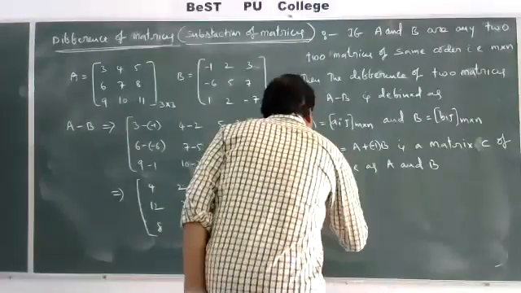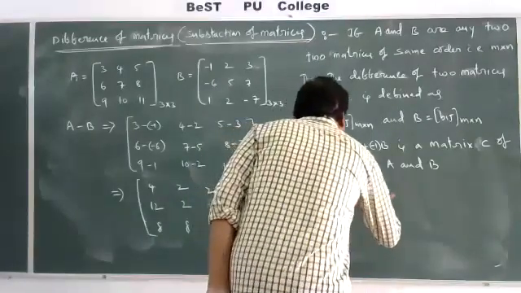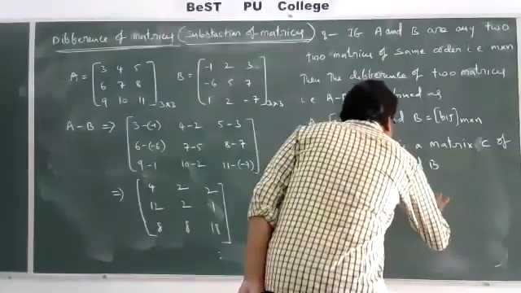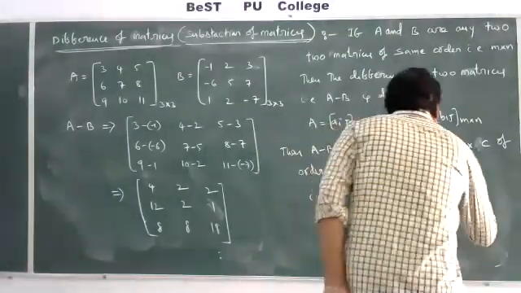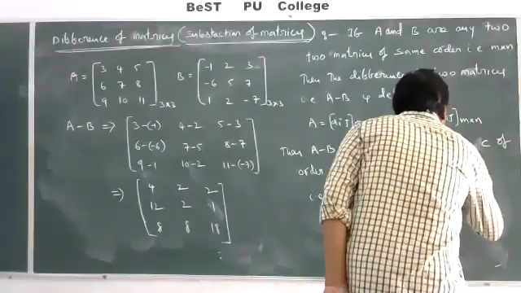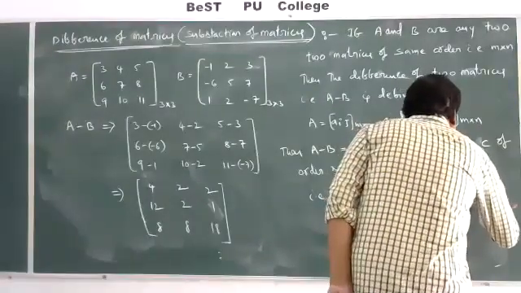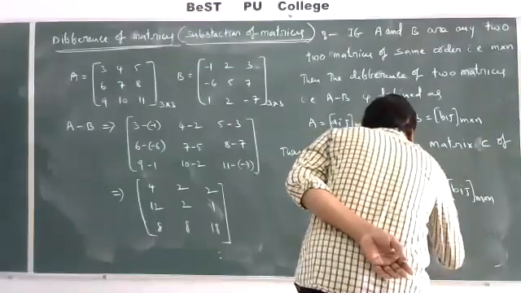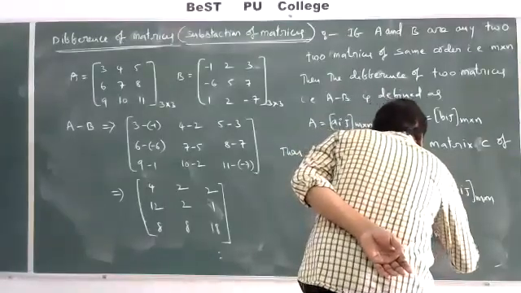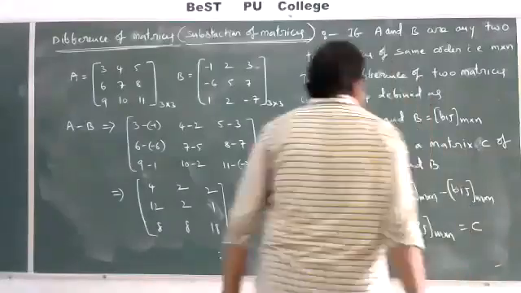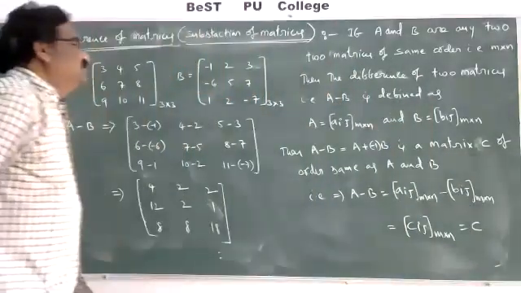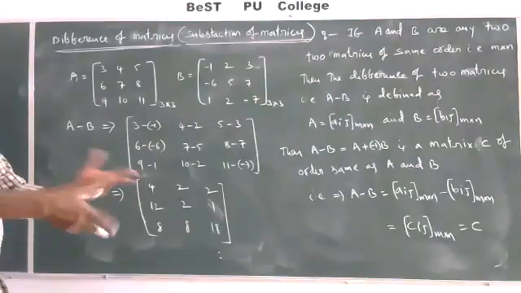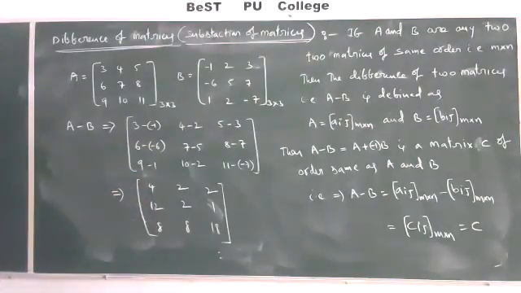That is, A minus B is equal to Aij m by n minus Bij m by n, that is equal to Cij m by n, that is equal to capital C. That is the difference of the corresponding elements only.